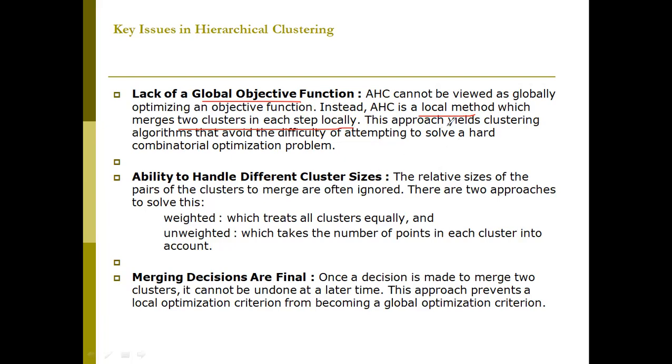This approach yields a clustering algorithm that avoids the difficulty of attempting to solve a hard combinatorial optimization problem. Merging two clusters at a time is one way to avoid the complexities of that data. If you combine more than two clusters at a time, different clusters in different places would be grouped with one another, and it may be difficult to assess, identify or analyze.